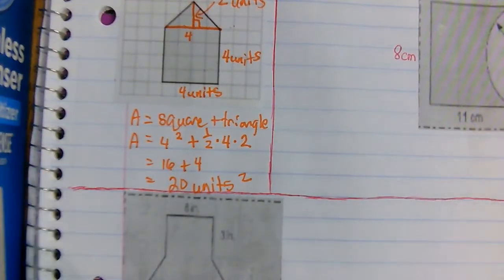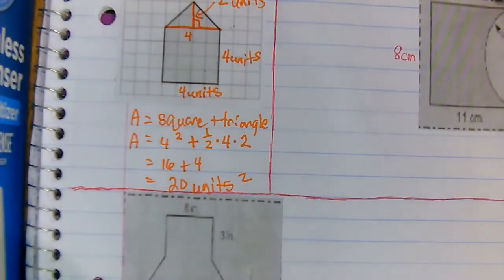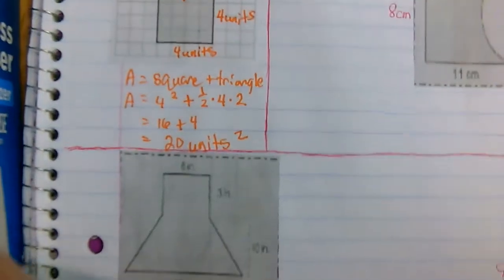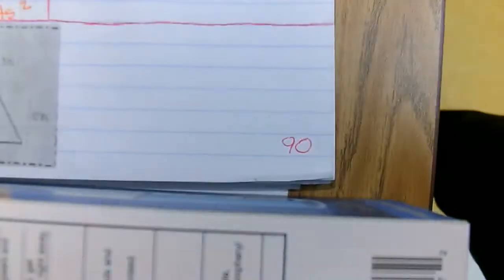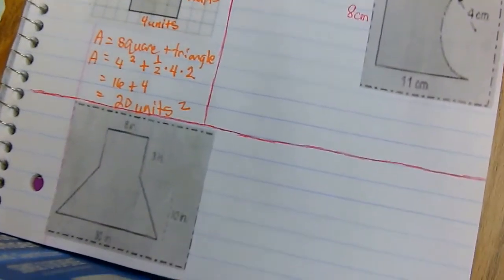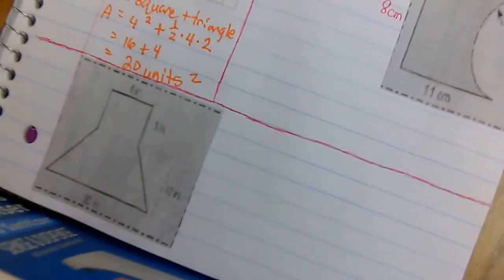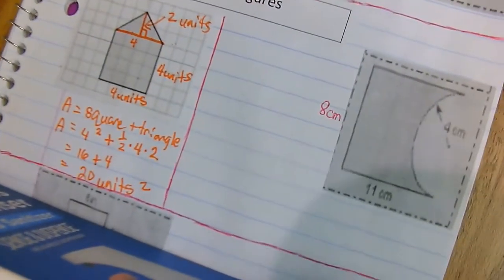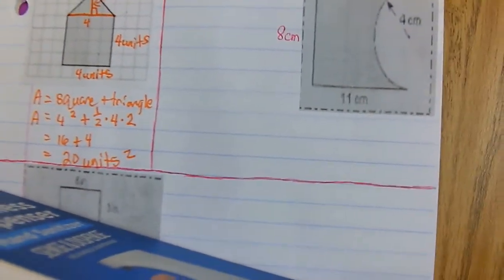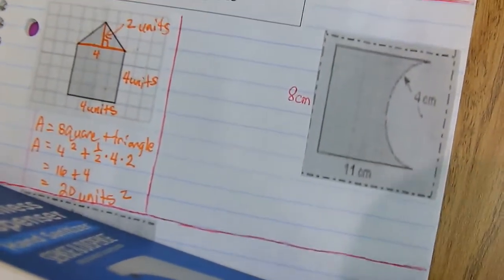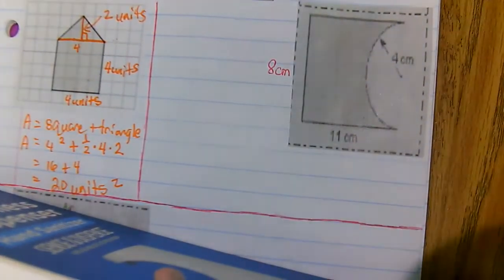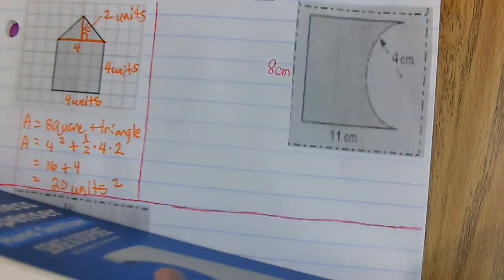Okay, now we're going to go to this next shape to your right. Now, there's basically, we're going to do a subtraction this time to find the area.